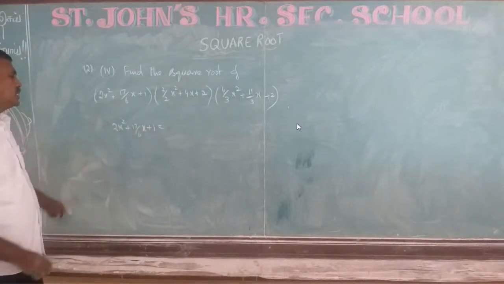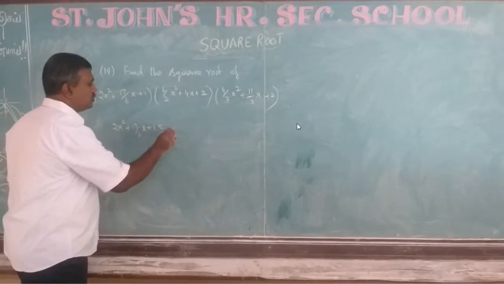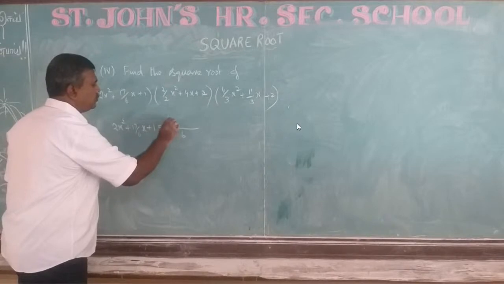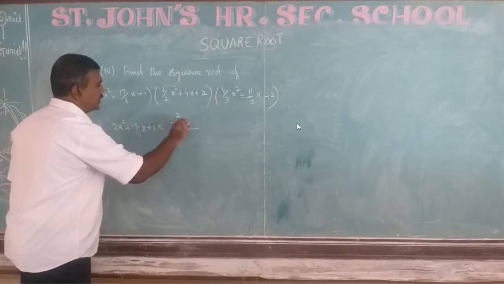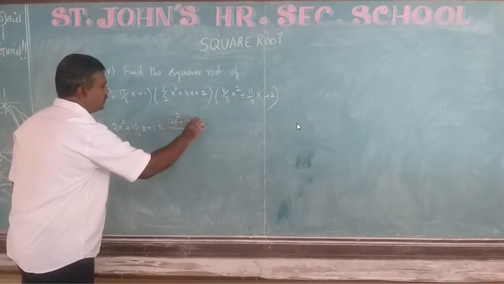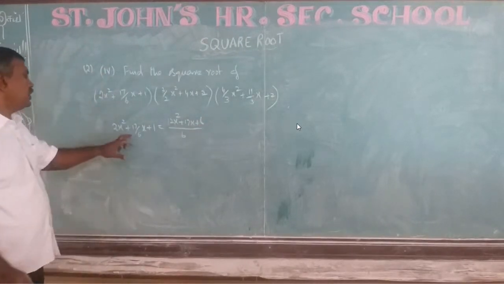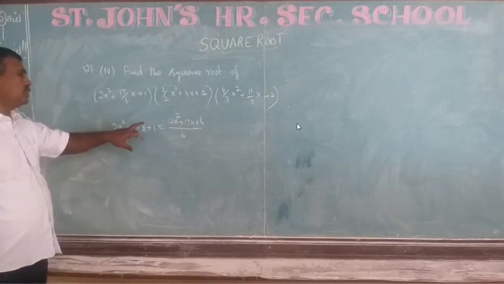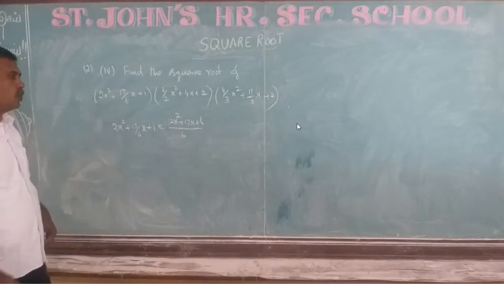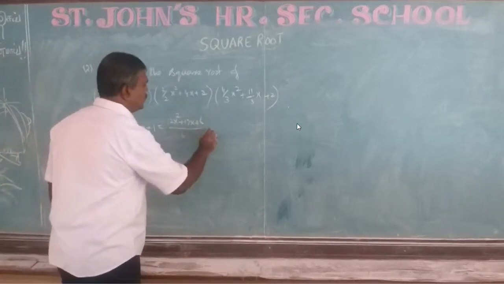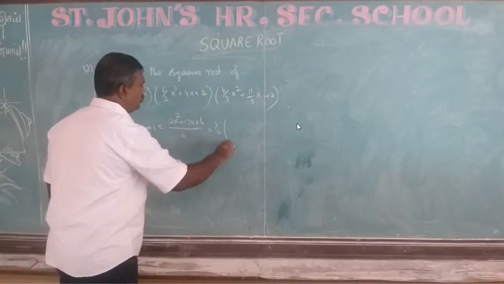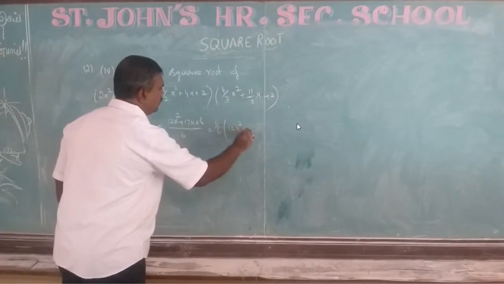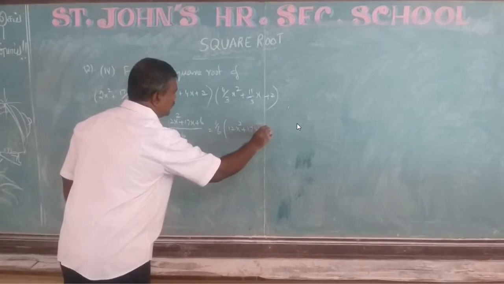The LCM is 6, therefore 6 into 2 is 12, 17, and 1 into 6 is 6. It equals 1 by 6 into 12x squared plus 17x plus 6.